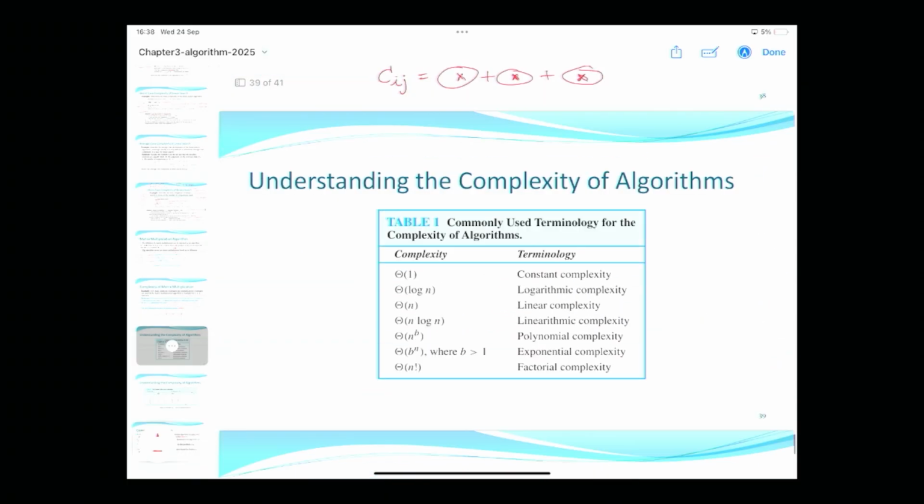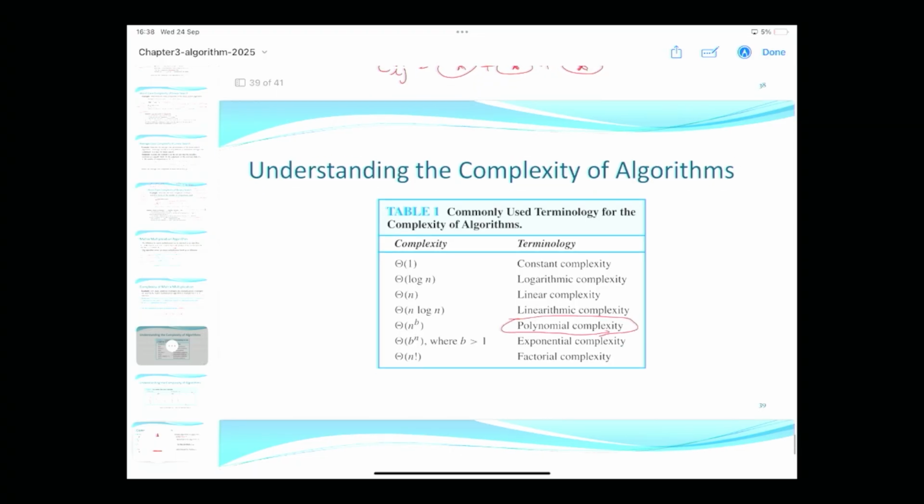What is polynomial time? Polynomial complexity, this one. You may see later we talk about big O, big O of the function. Actually, there are some other variations like big theta and big omega. They are similar, just like one is considered a lower bound, another an upper bound.